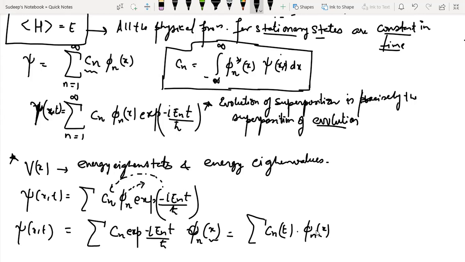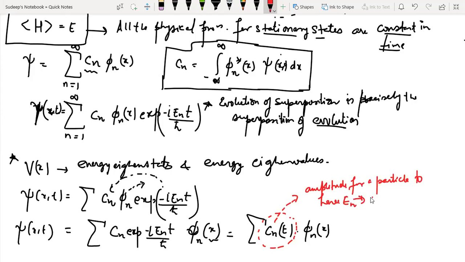But why have I written it? Because this particular thing emphasizes the fact that this particular Cn evolves with time, that is, the amplitude for a particle to have energy En also evolves with time.